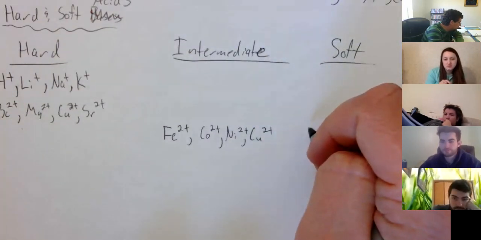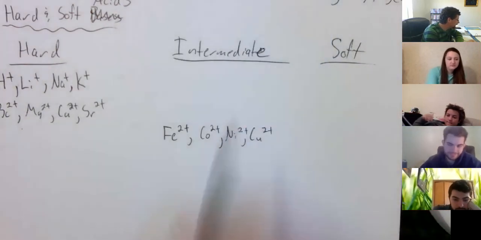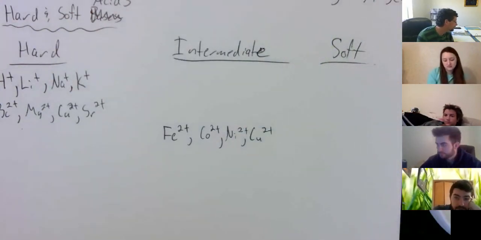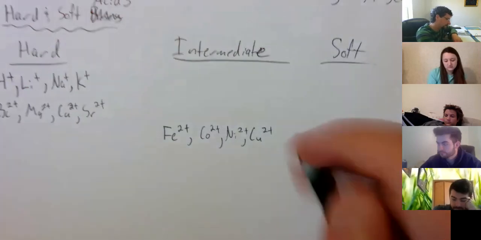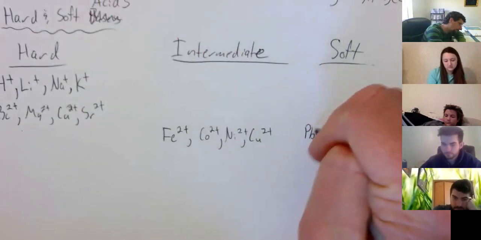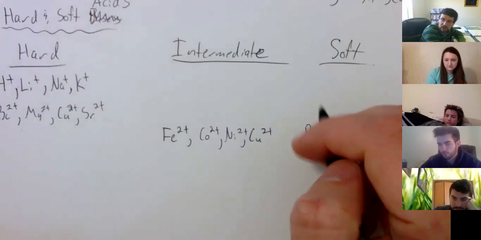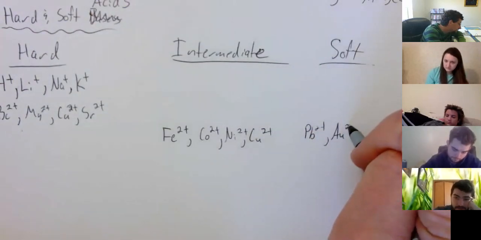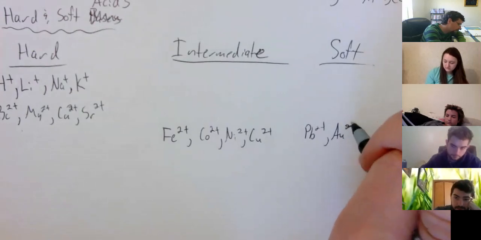Let's see, I don't actually see a spot for lead. So let's think about tin. Lead should be soft, I would say. What was another one, Josh? Gold. Yep, gold 2 plus, or actually gold just plus, I'm sorry.